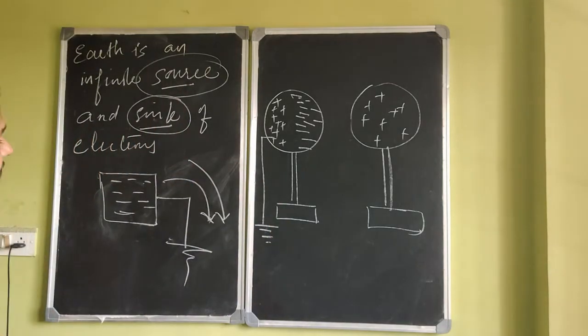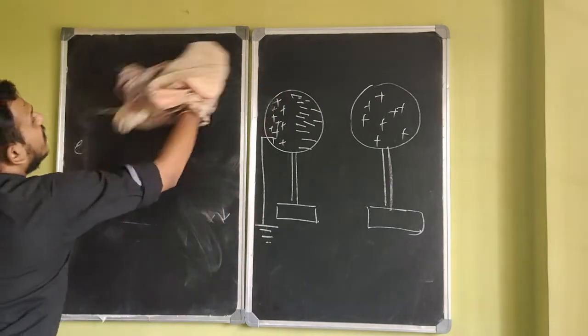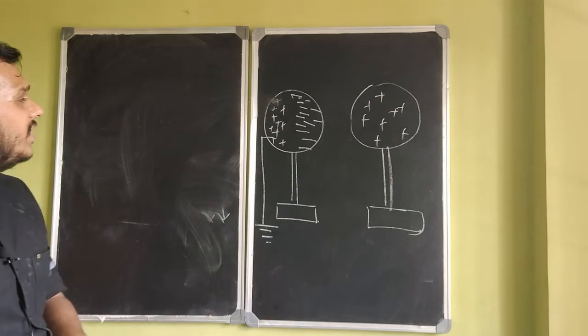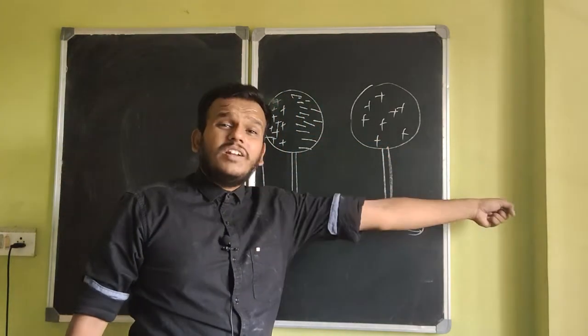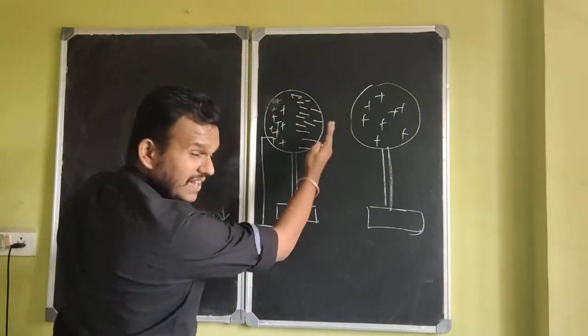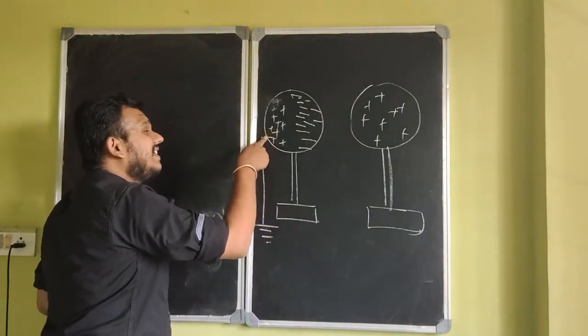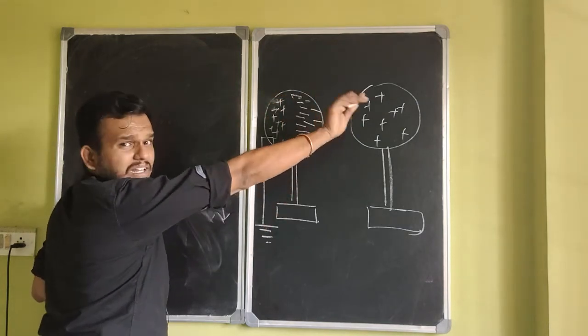Okay, now let's see what happens in this case. Now we'll get back to the topic. The topic was charging by induction. So first we had an electrically neutral object, and we brought a charged object close to it. As a result, the object's charges got polarized, and now I have connected this end to Earth. See, this region is predominantly positive, this region is predominantly negative.